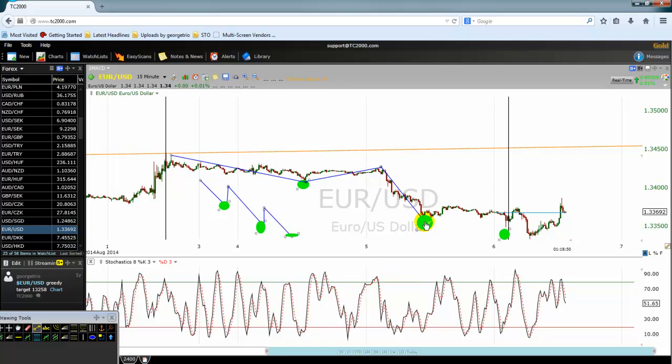Now you can see that the price also went all the way here. So I assume that this is the 4th wave to this point. And again, the 5th wave down to this point here. So first wave, second wave, third wave, 4th wave, and a fifth wave. It's not finished yet, okay?